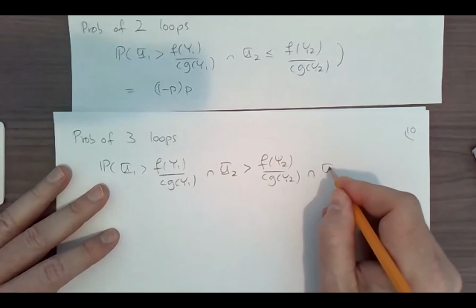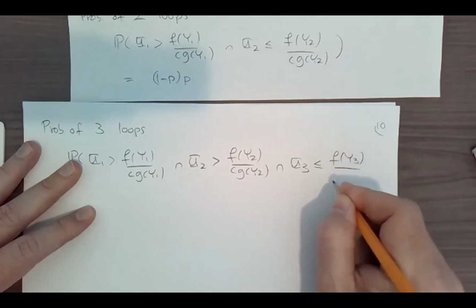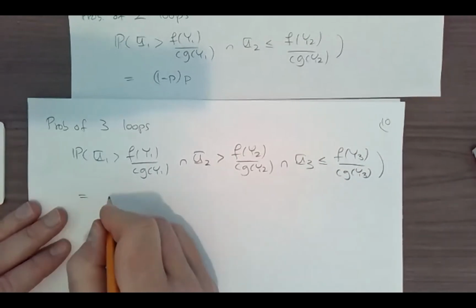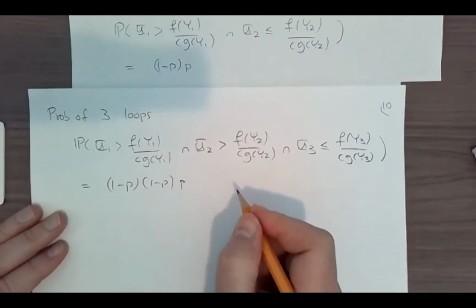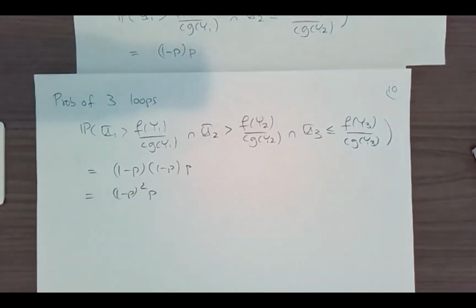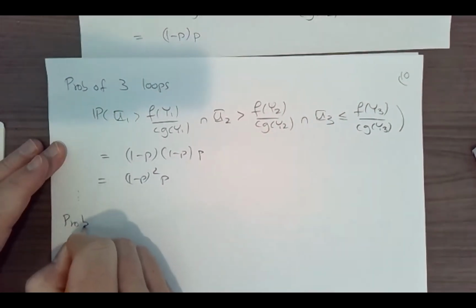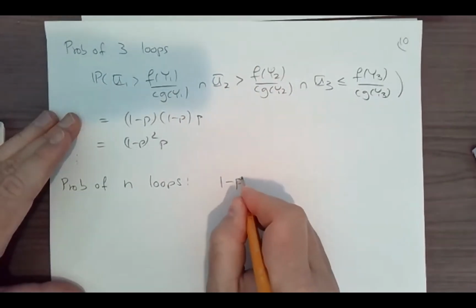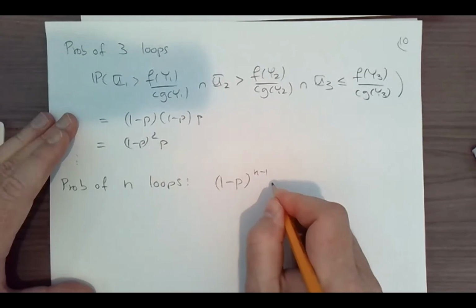And then the third one, this is when you accept, so that's going to be less than f of y3 divided by c g of y3. It will be 1 minus p, 1 minus p, and then p. So this is 1 minus p squared times p. And of course, you can continue to the probability of, say, n loops. It will be 1 minus p to the power n minus 1 times p.